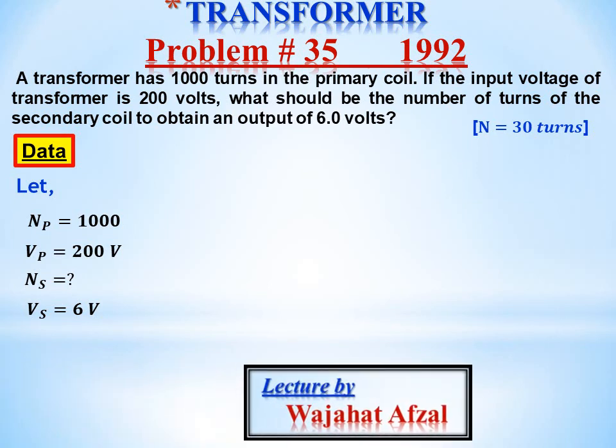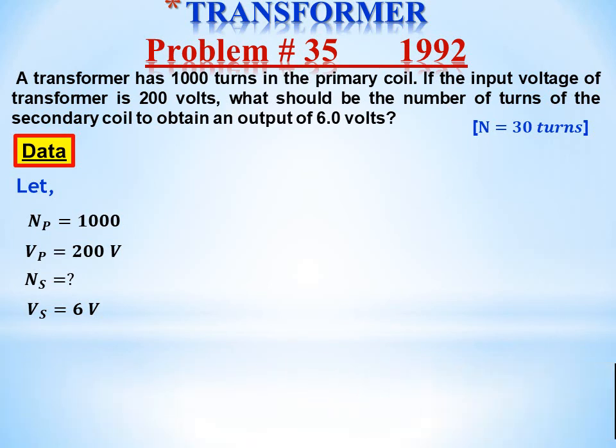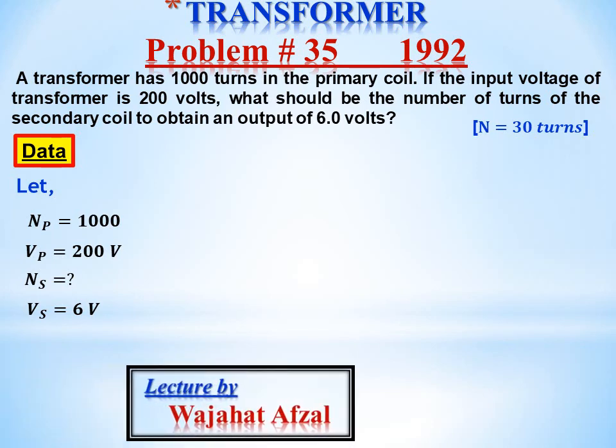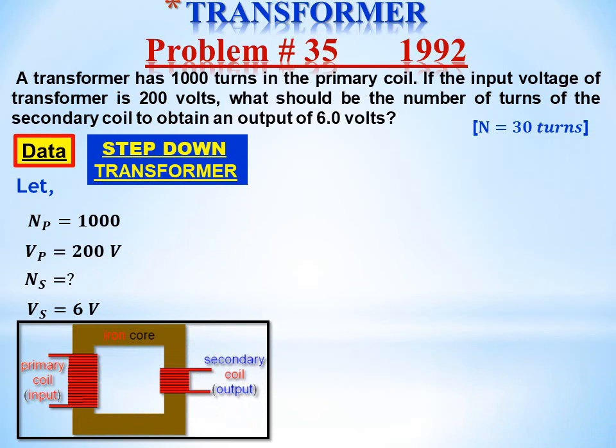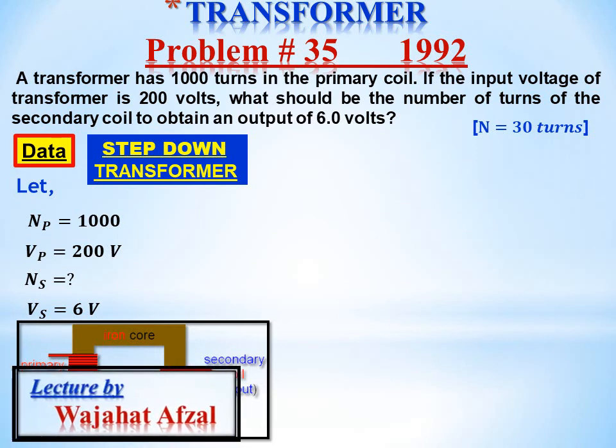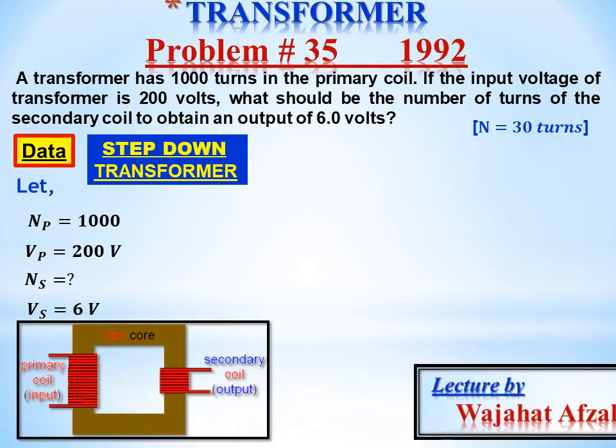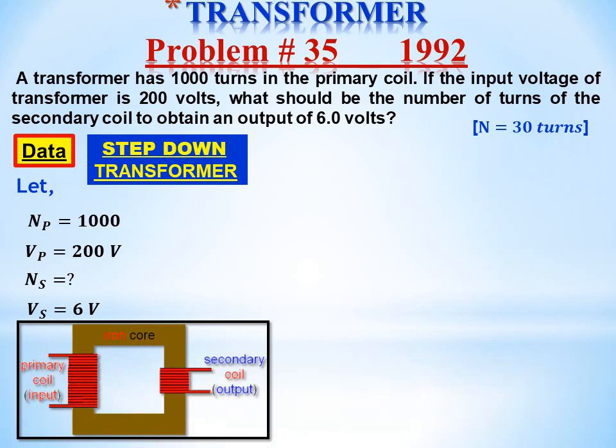So here you can see that the EMF or the potential difference of primary is 200 and of secondary is 6 volt. So here VP is greater as compared to VS. Then such type of transformer is called step down, because at the output or at the secondary coil you have a smaller number of turns in the secondary coil. That's why its EMF is less as compared to the primary coil.